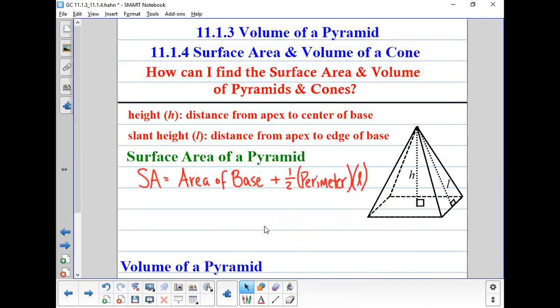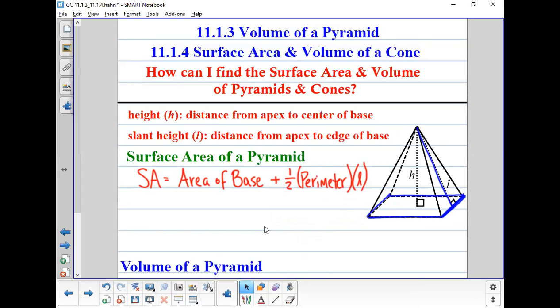Now, if your pyramid has a regular polygon base, that means that all of these edges are going to be the same length, and that means that all of your triangles are going to be congruent. They will all have the same length for their base of the triangle, which is this length here. And then the slant height of the pyramid will be the height of your triangle.